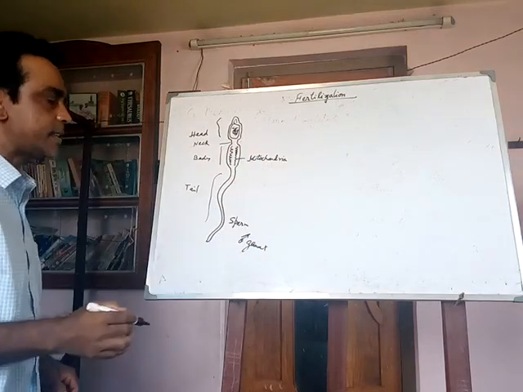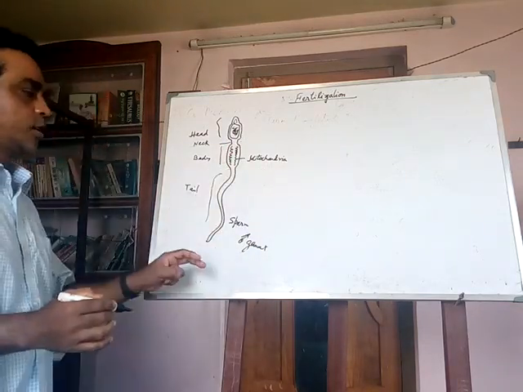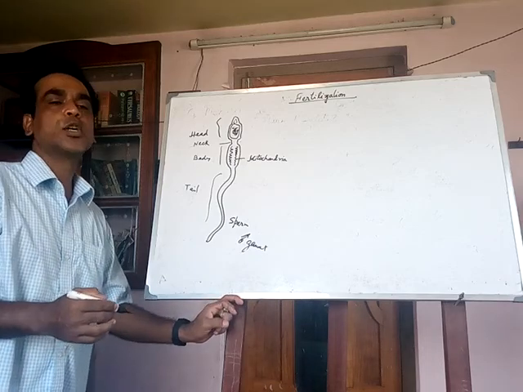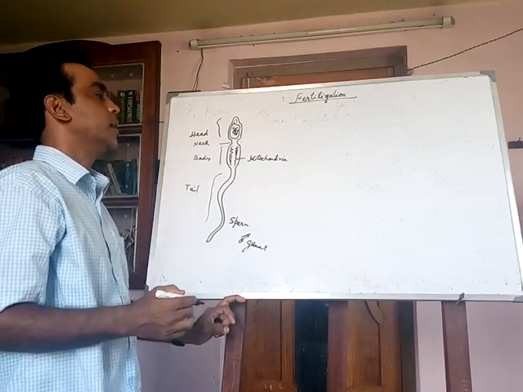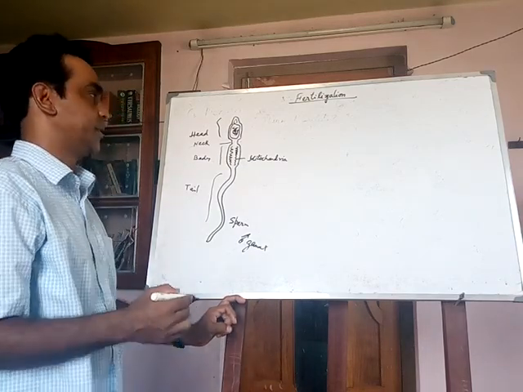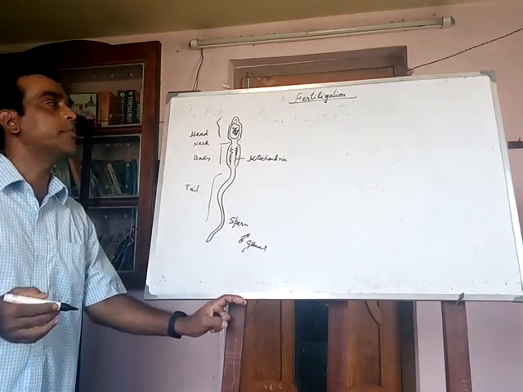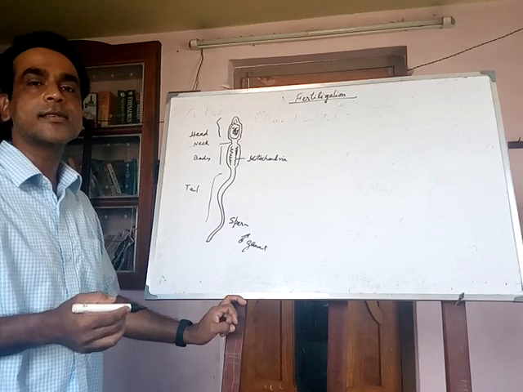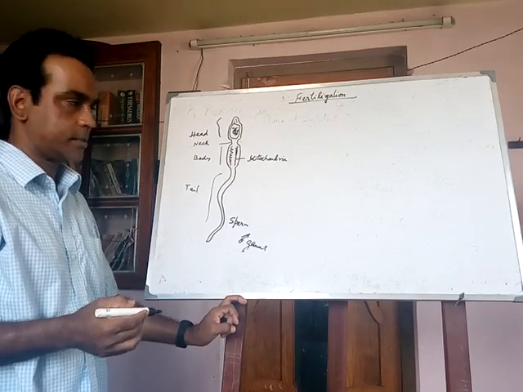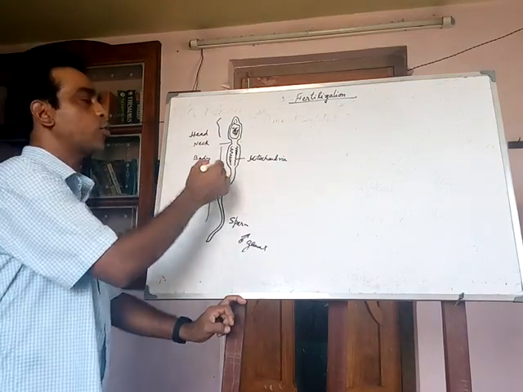And it is called the manchette, and the tail part also helps the sperm in its motility.